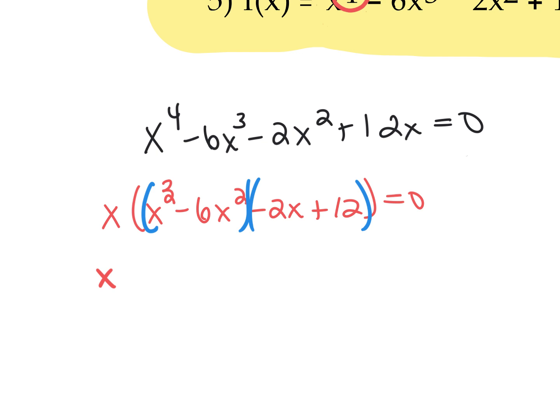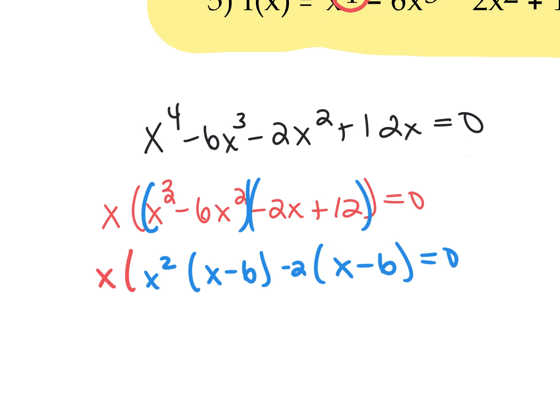What can I take out of my first set of parentheses? An x squared, and I'm left with x minus 6. What can I take out of my second? Negative 2, and I'm left with x minus 6.